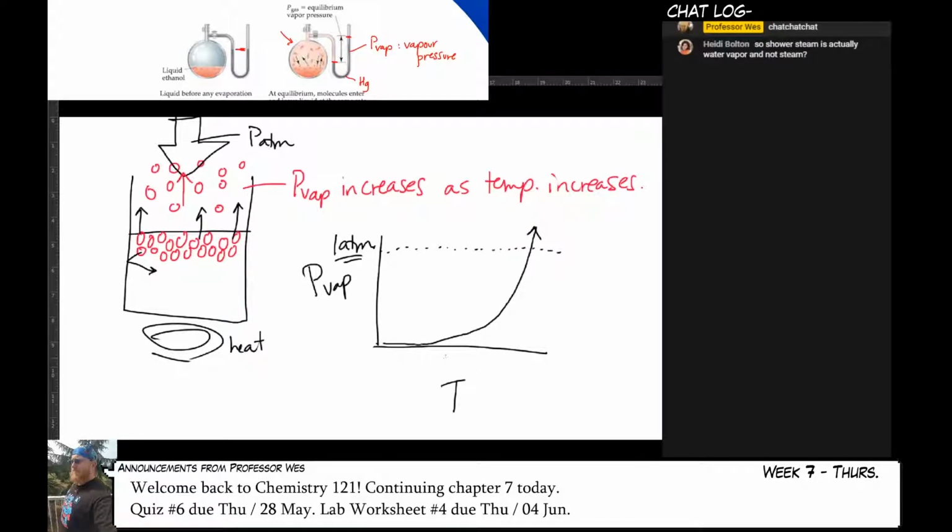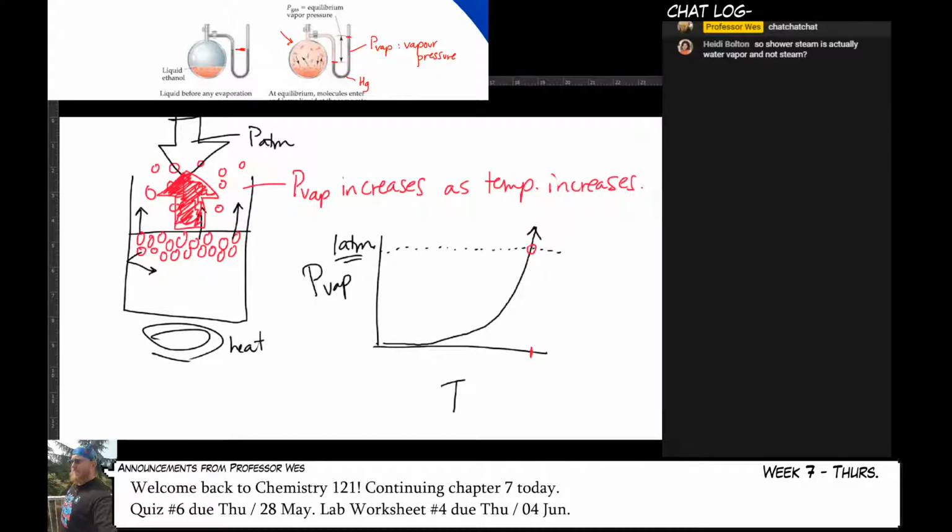But if I heat my temperature up enough to get to a certain point where the vapor pressure equals the atmospheric pressure, then the liquid is no longer being restrained by the atmosphere.